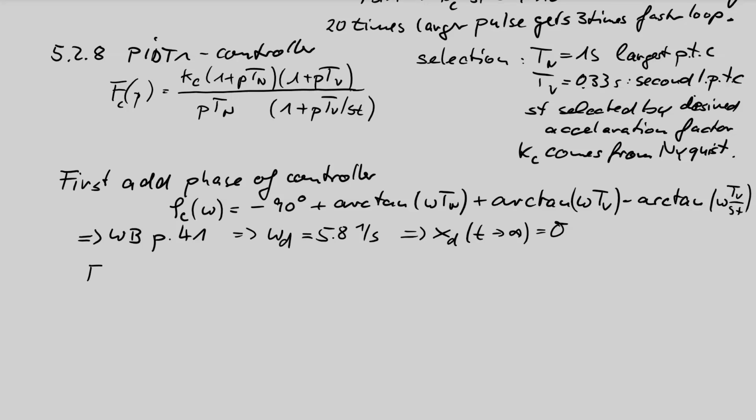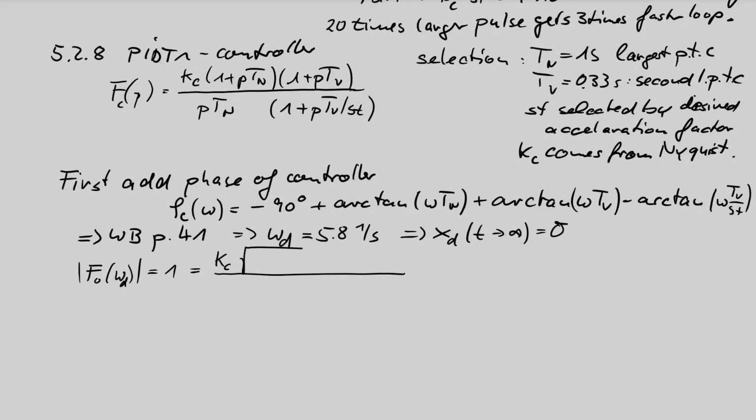Kc comes again out of the Nyquist equation. The magnitude at this crossover frequency must be 1, the controller magnitude times the process magnitude. Now we will get a much bigger expression than before.